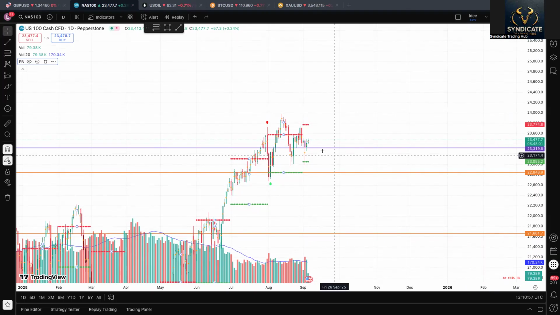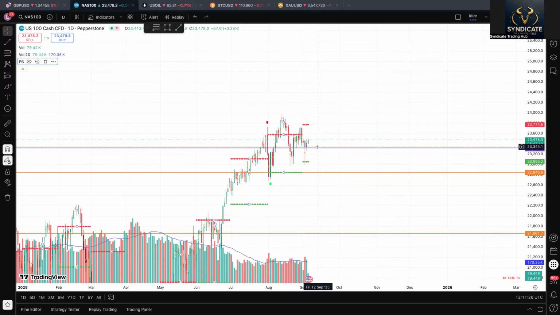As you can see, 2 days before, there was a huge rejection at 23,055.2. That was this support. It was a huge rejection, a huge range stay, and price picked up from that point.